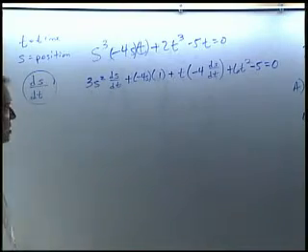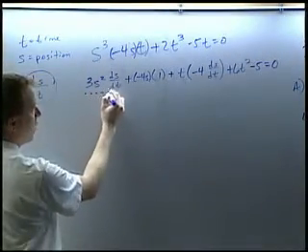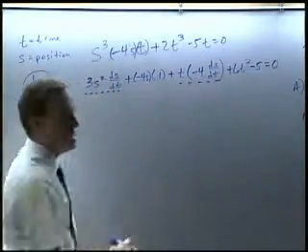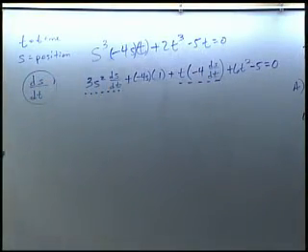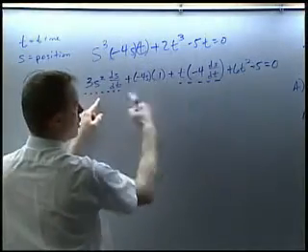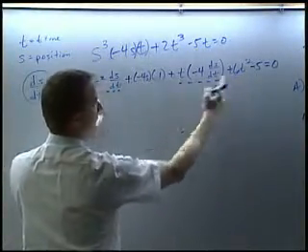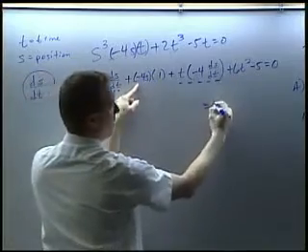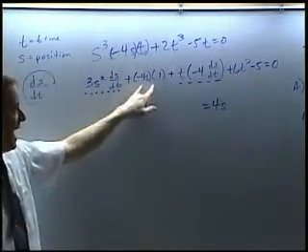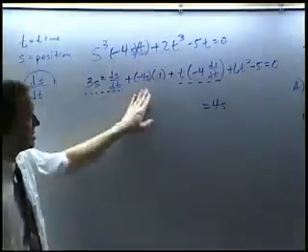The way to solve this for ds dt is I want to get all the terms with ds dt on the same side. Everything else goes to the other side. So I'm going to leave these terms over here, and on the right side, I'm going to have a positive 4s. If I add this over, it'll be a positive 4s.